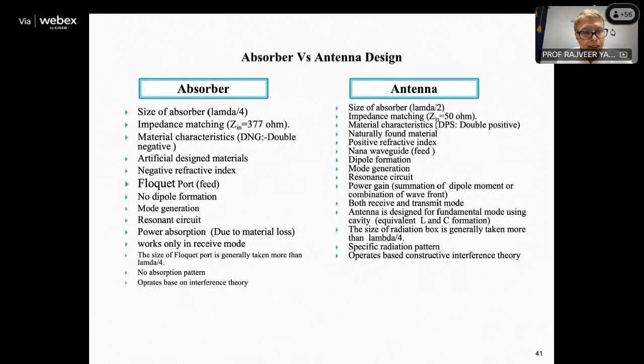Here we devise a flanked port, here we devise the waveguide, nano waveguide. Here we have a resonant circuit, here also we have a resonant circuit. Here there is no dipole creation, but in antenna theory we have to create dipoles. So they are totally different structures and different philosophies, different science to devise an antenna as well as an absorber.